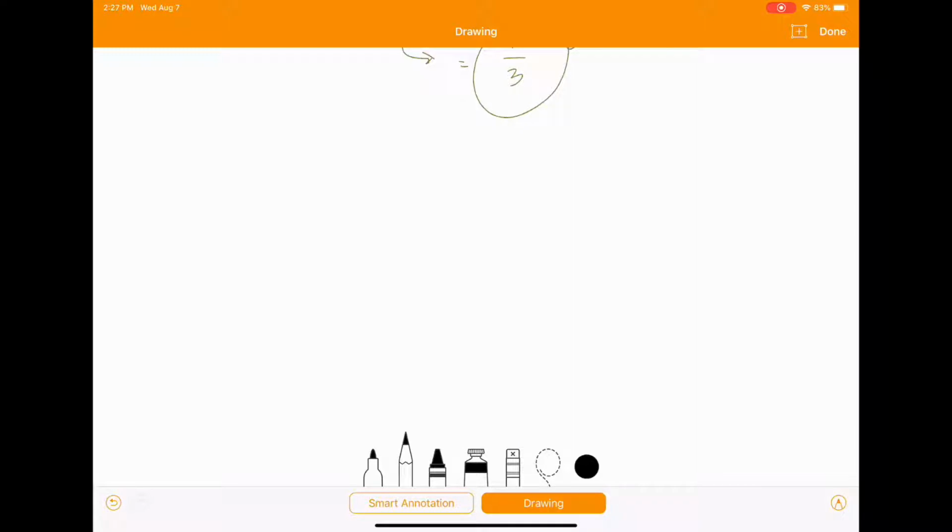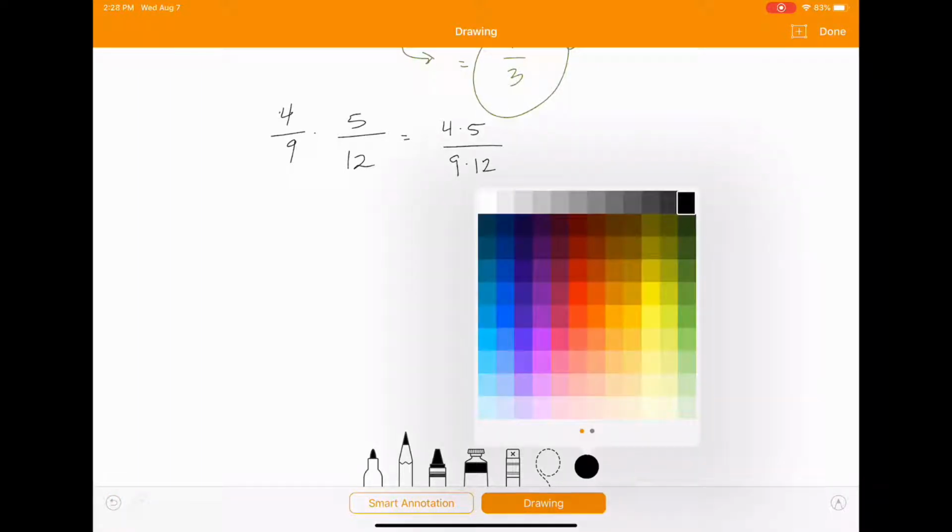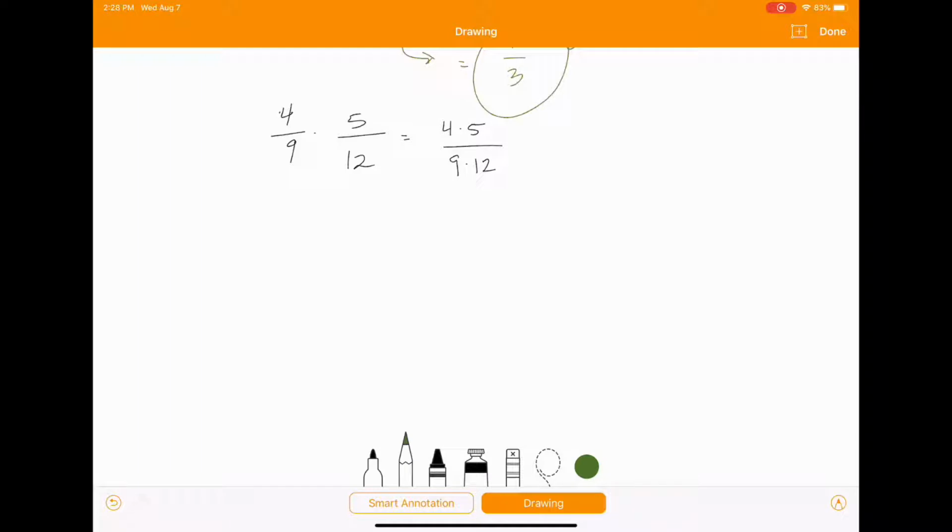So let's see, if we do another one, let's say 4/9 times 5/12. It's going to be 4 times 5 all over 9 times 12. And again, you can go ahead and simplify at this stage if you want.